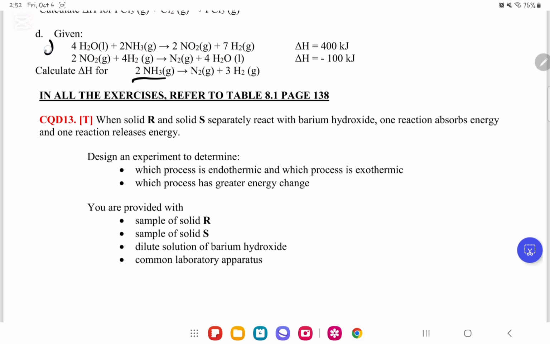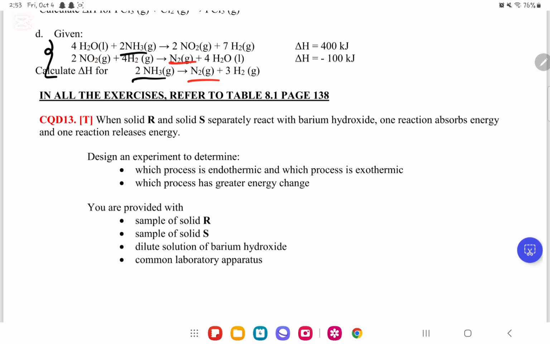which equation has NH3? This one, it is already in the reactants just like we need it, and the coefficient is 2, so we don't need to change anything in the first equation. Now the second equation, we need N2. We have N2 in the second equation, right?